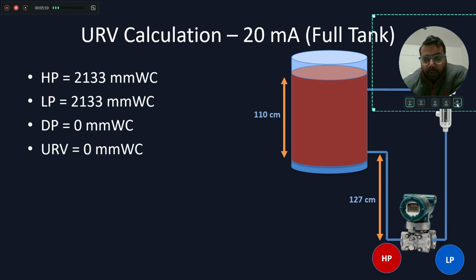If the transmitter is below, or if it is above the 0% level, then you can also subtract that particular height. So you do not get confused about whether the transmitter is below or above. When you are calculating the head at LP and HP, the lower and upper side get compensated, and you will get the exact DP that is actually acting.